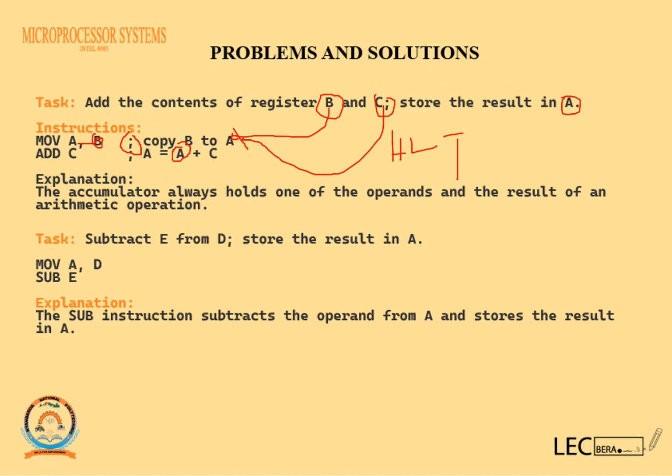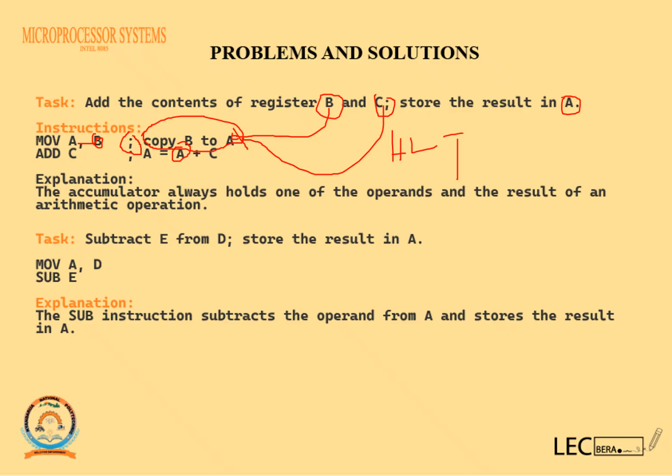So you stop the program. The full stop, which is our semicolon here, tells the microprocessor this is the end of the instruction. So whatever you add after that semicolon cannot be executed.